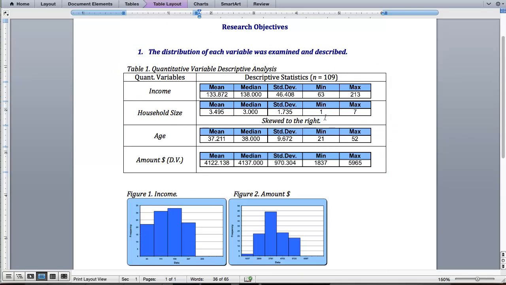However, the skew is not strong enough to produce any clear outliers. And so the last thing I'm going to add to complete my descriptive analysis of these 4 quantitative variables is just a note indicating that there are no outliers in our sample of 109.